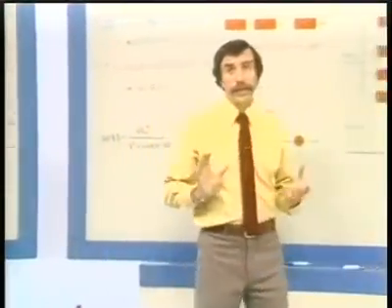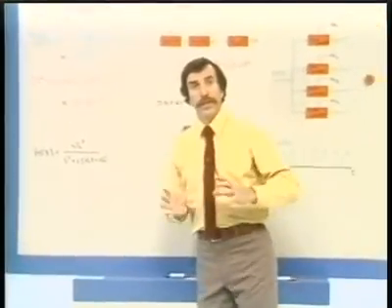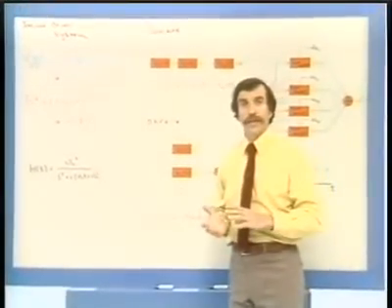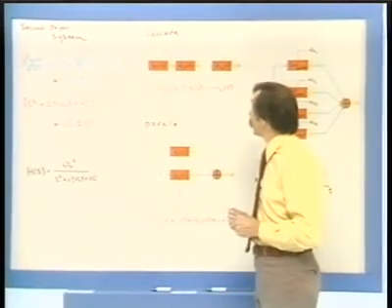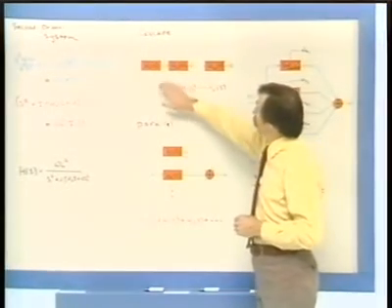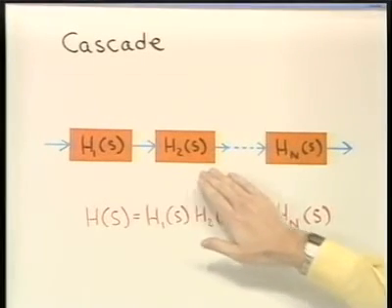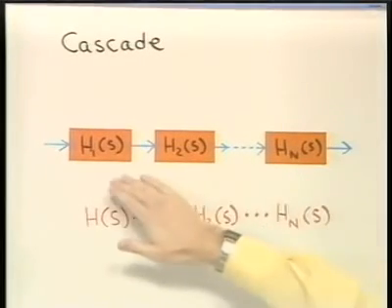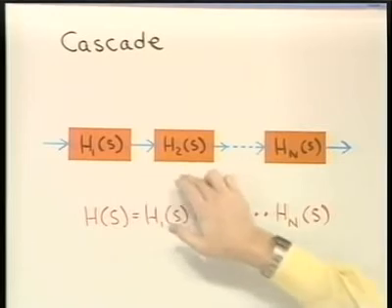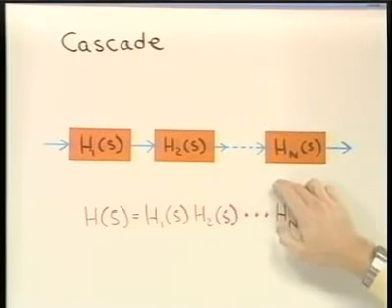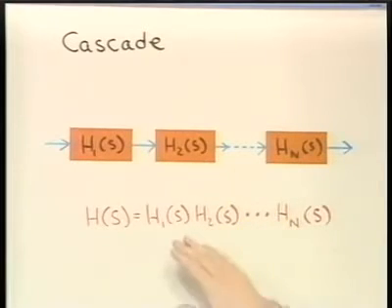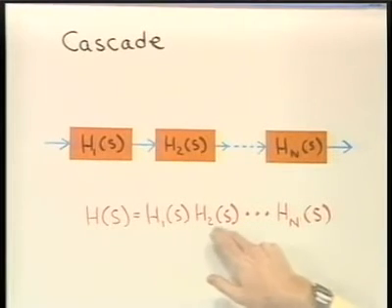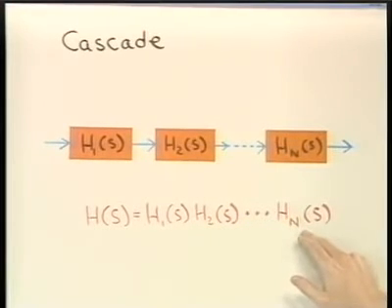Two very common connections are cascade connections and parallel connections. In a cascade connection, we would think of combining the individual systems together, as I indicate here, in series. And from the convolution property, the overall system function is the product of the individual system functions.